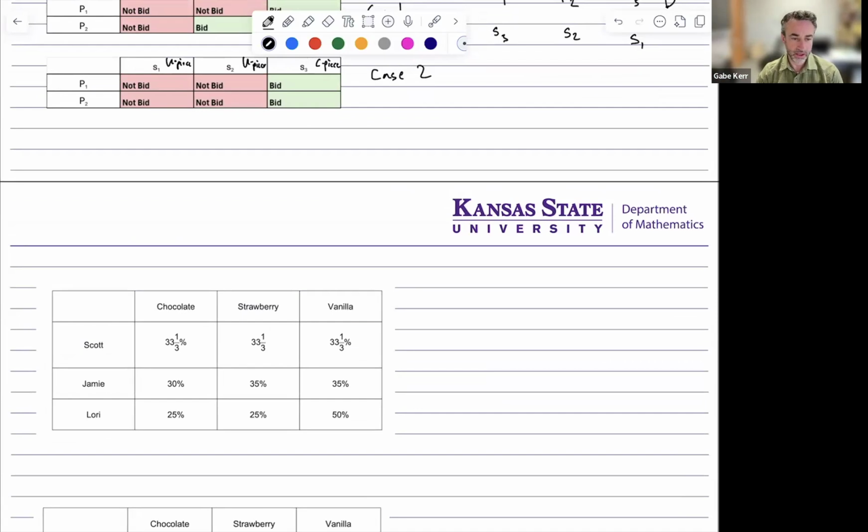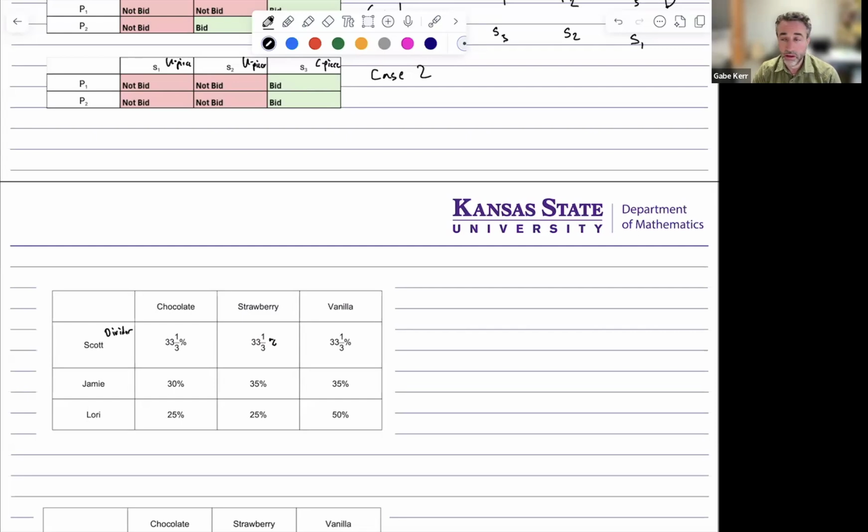However you want to think about this, I'll think of this as milkshakes. Now, Scott, in all of the examples I'm going to look at, is the divider. So Scott is the divider, and Jamie and Lori are the choosers. So Scott has no preference really for chocolate, vanilla, or strawberry. He doesn't really care. He likes them all equally.